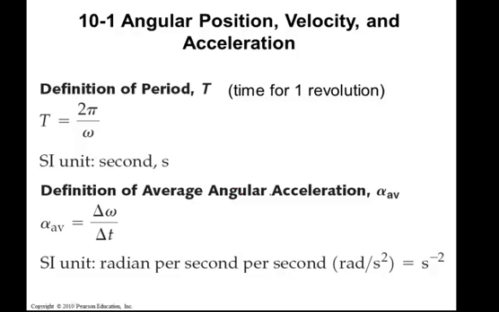Now the definition of angular acceleration, now we're using that symbol that looks like a fish. That is equal to my change in velocity over time. So just like regular acceleration is change in velocity over time, it's going to be my change in angular velocity over my time. And it would be radians per second squared. For tangential acceleration, we use meters per second squared.